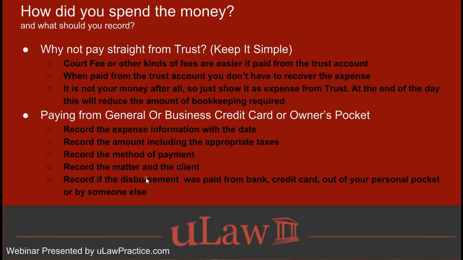Record the method of payment, the specific matter and the client, and whether it was paid from your general bank account through a check, was it a credit card that you'd used, or was it your own money? It could also be the case where someone in your firm paid for it, and then the firm would have to owe that money back to that employee. Okay?